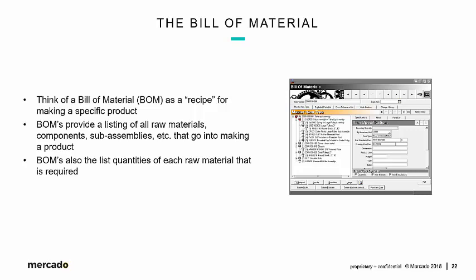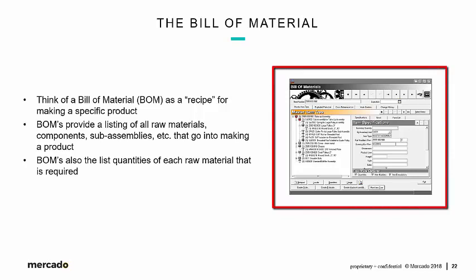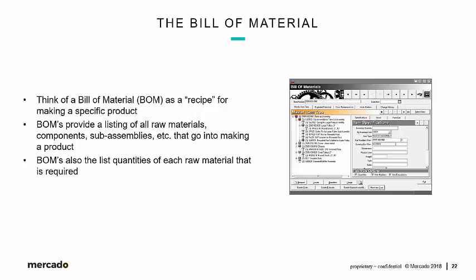It's just like a recipe. Of equal importance, the BOM also quantifies the amount of each raw material that is required. What are we making? What goes into making it? And how much of each ingredient do we need? That's what a bill of material does. And on the right-hand side of this slide is a smaller version of what we'll see blown up in just one moment. It is a computer-based portrayal of a BOM.